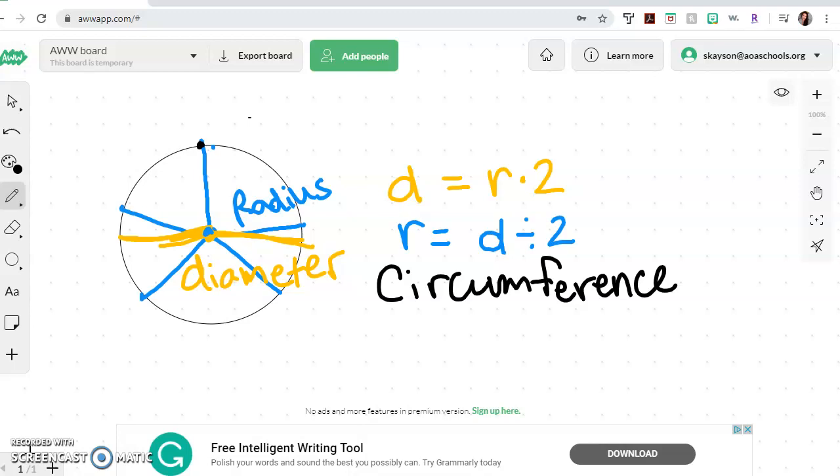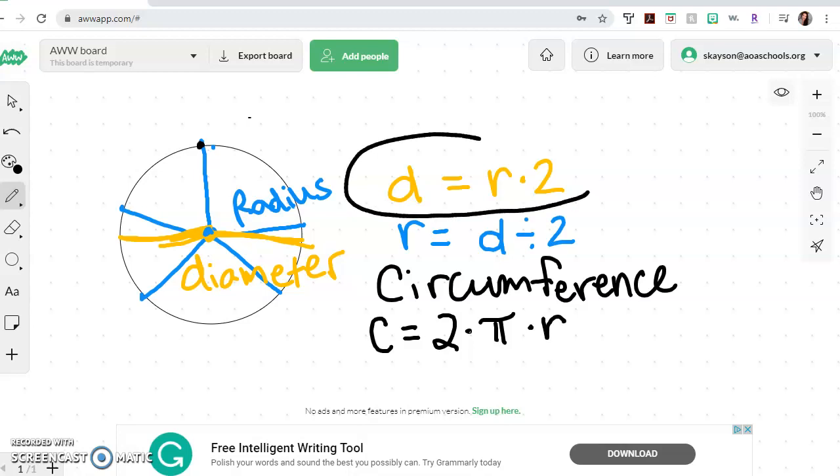The equation we use is circumference equals 2 times pi times the radius. Now you might notice that this right here has a lot to do with this right here. Notice that we have a 2 and we have an r. 2 times r is the same thing as the diameter.